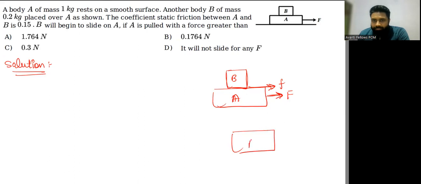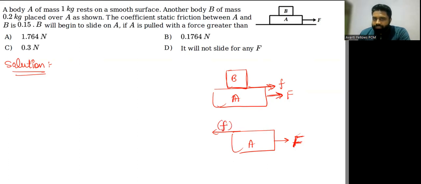So if I draw the FBD of A, there will be a force F, and this will be the frictional force on block A by the block placed on the upper side of it, because the upper side is having friction. Now, consider the situation when this force F exceeds this value of friction.